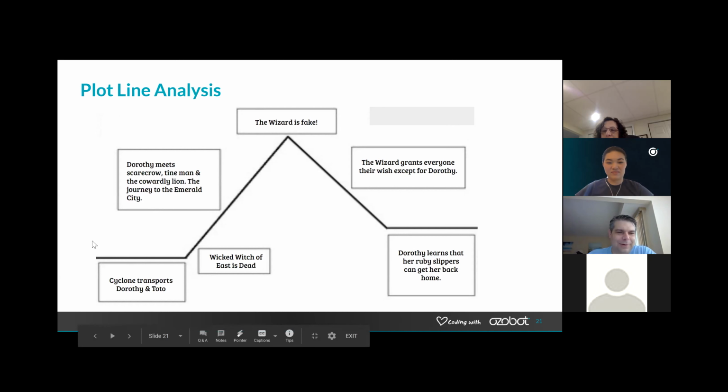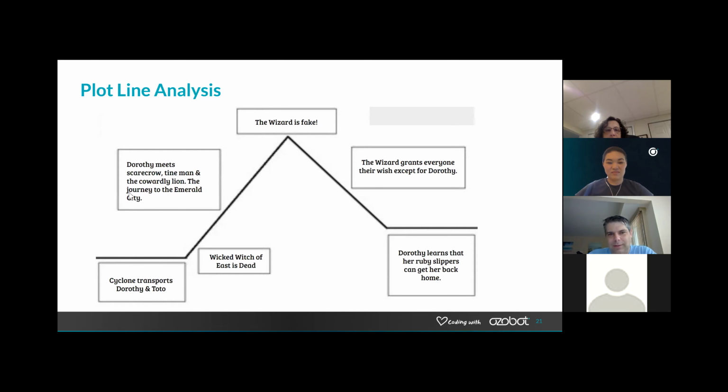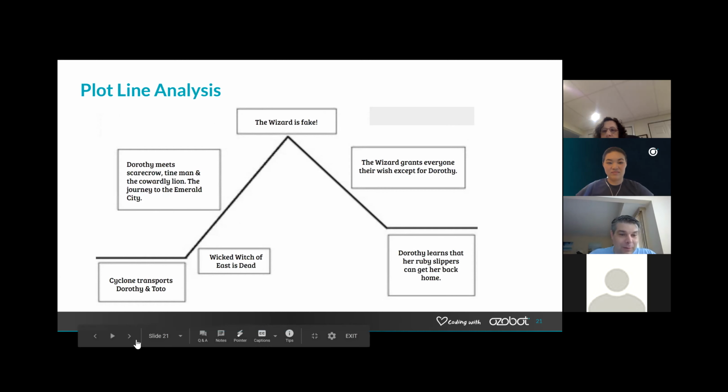Now they're going to create the little Ozobot robot that's Dorothy, and it will start moving any way they want and start identifying each of these little points that they have plotted, and it's going to do something once it gets to one of these areas in the plot line, as we see.